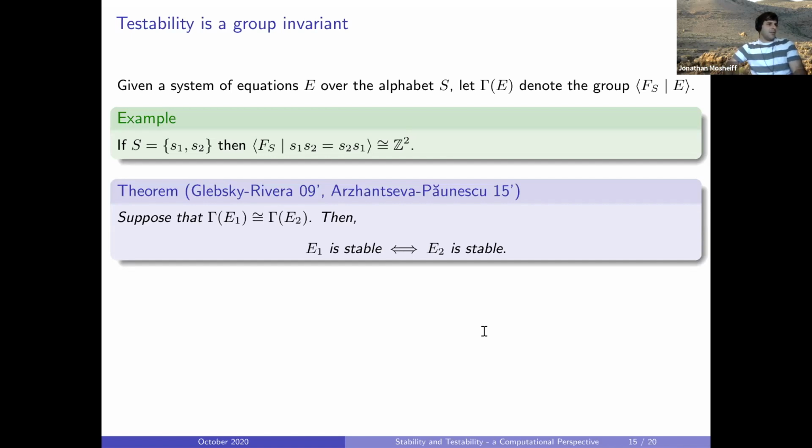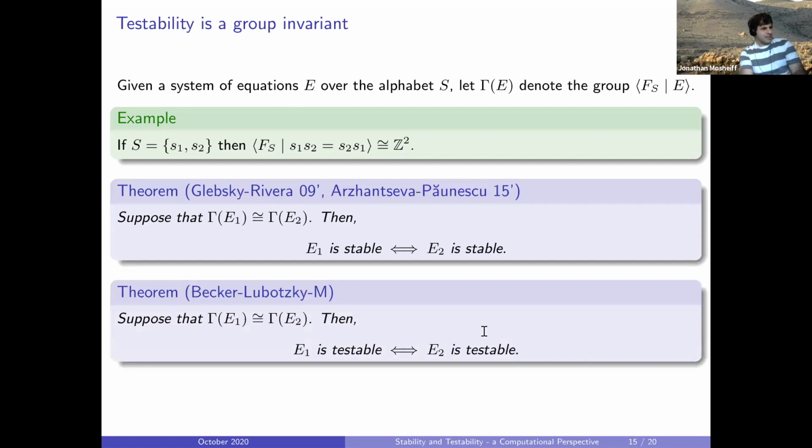The reason is that it was observed by Glebsky and Rivera, and then also by Arzhantseva and Paunescu, that stability is a group invariant. So if you take two sets of equations that have the same associated group, then either both are stable or both are not stable.